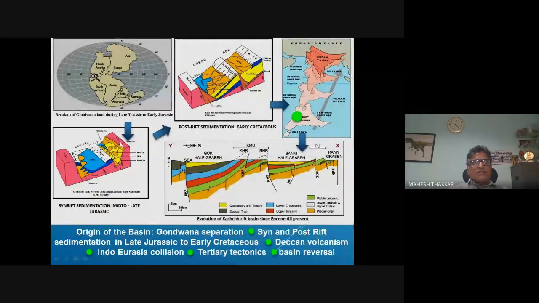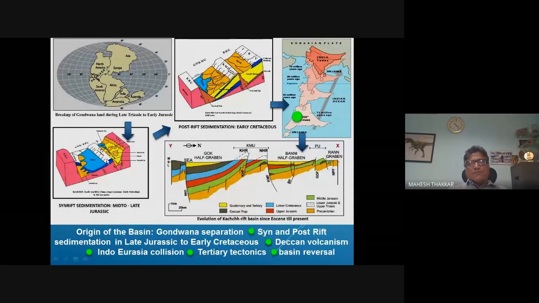Let us look at the syn-rift sedimentation. What happens in the early rifting systems? During the rift, the first small graben developed, which is called the Run graben. Today it is the Great Run of Kutch, which is basically a small graben. It is not a half graben, but a graben.